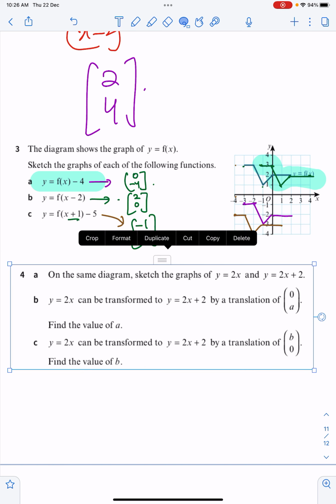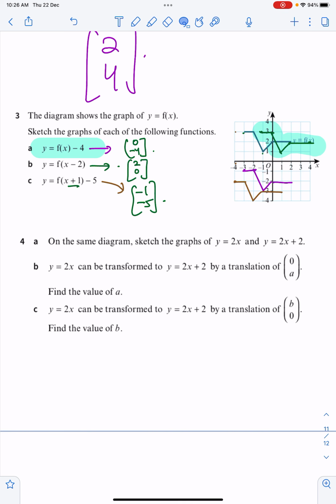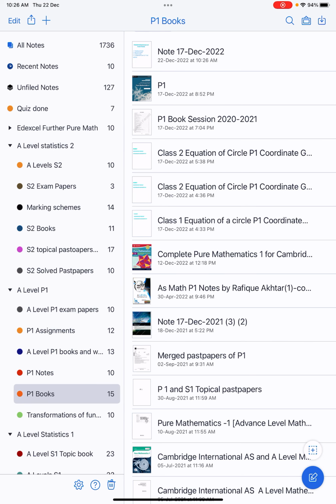On the same diagram, sketch the graph of y = 2x and y = 2x + 2. Okay, let me do this. Okay, I'm just going to take a graph paper and then do it on that.